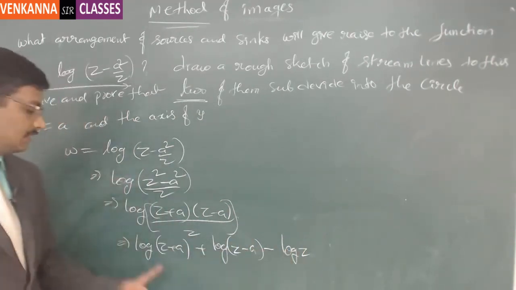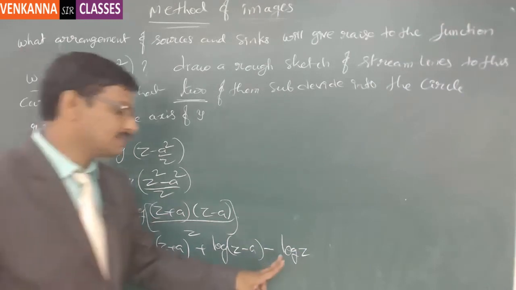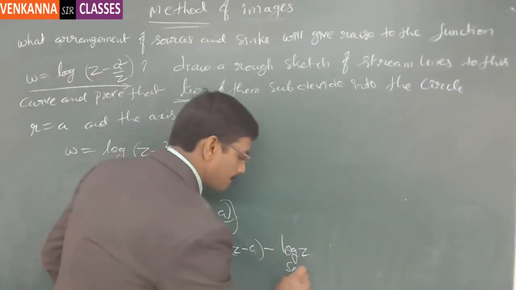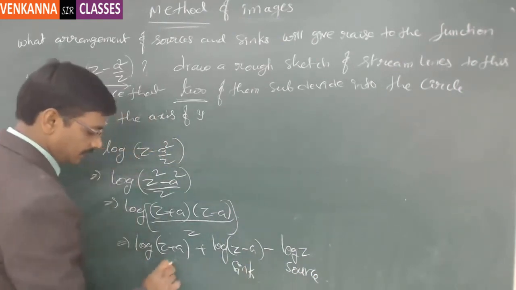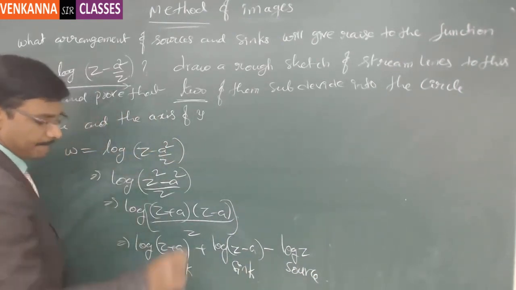Now that means minus m log Z is the source and this is a sink and this is a sink. Understood?